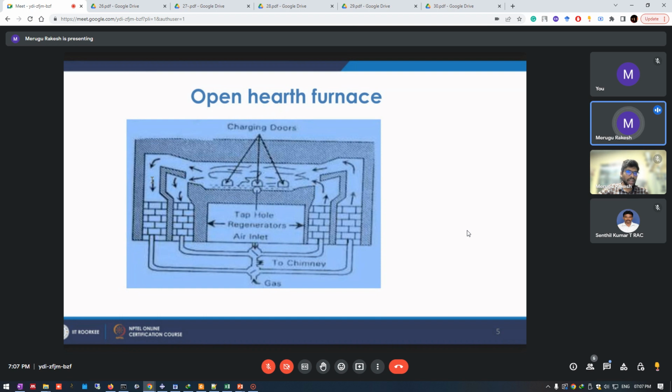They come again, if you see this part, and they heat the incoming gases. So that is regeneration that we use in this case. That is how these flue gases heat the incoming gases, so that the efficiency of the burning process will be good. So that is regarding the open hearth furnace.